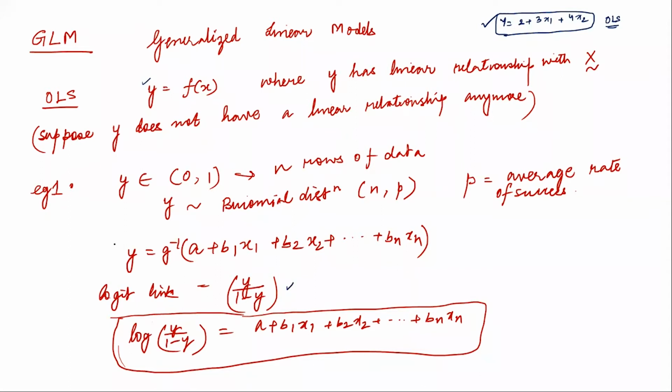So you can't say y equals a linear combination, but you can say that the logit of y equals a linear combination.